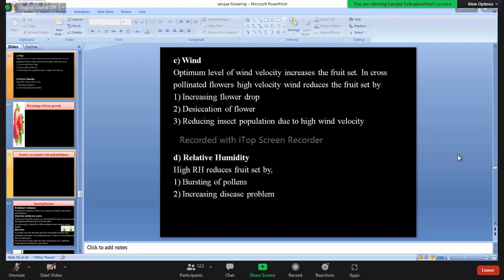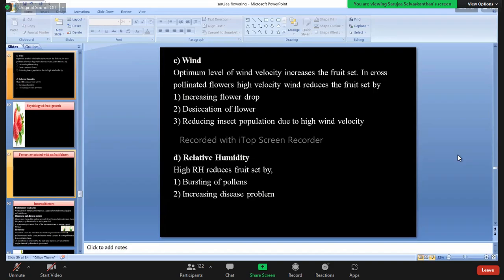What is pollination, what is cross-pollination and what is self-pollination, and how the fertilization happens, how the pollen tube develops, and how it reaches the ovary and into the ovule. The embryo sac is there. How the fusion of male gamete with the female gamete happens.